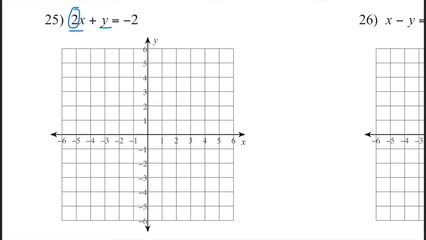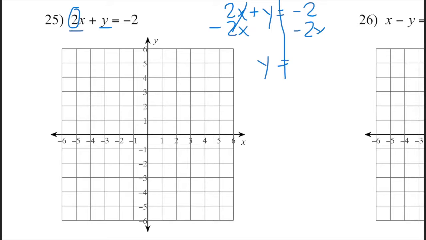If I say 2x plus y equals negative 2, if I solve this for y, I need to subtract 2x on both sides. Here is the equation in slope-intercept form, and look, the slope is not 2, it's negative 2. Moving the x term to the other side of the equation makes the opposite number. So instead of 2, it would be negative 2.